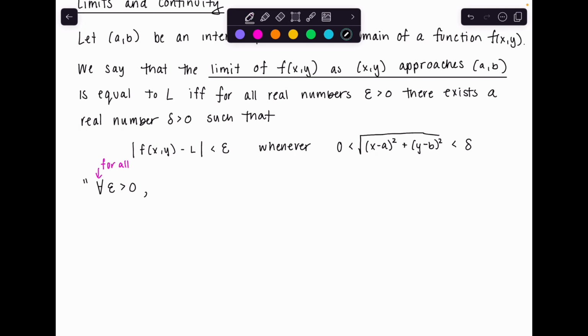Okay. Remember, this is how close I'm making the output to L. So no matter how close I want these two to be, there exists a delta greater than 0. So this is another math symbol you might not have seen. This means there exists.